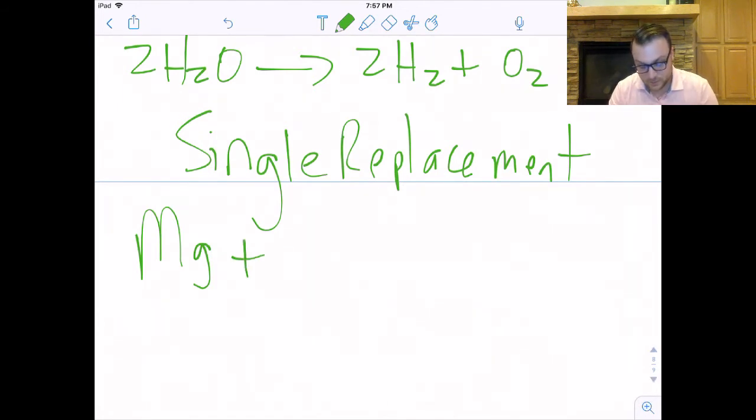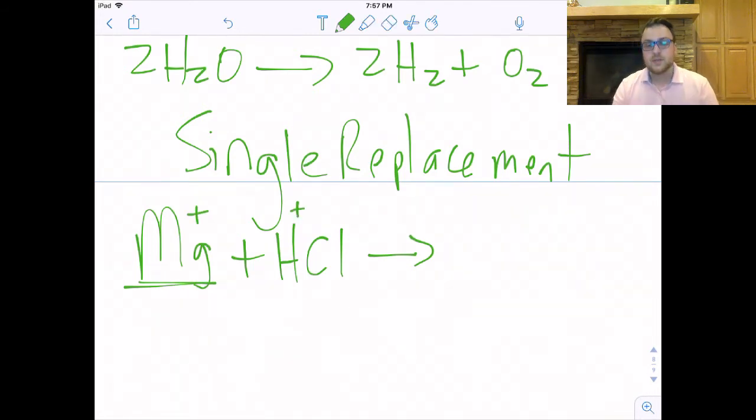So what happens in a single replacement is you have a single switch. You take the atom that's alone and you switch it so that Mg is positive and H is positive in these compounds. You just take the two positive atoms, or if the two in common are negative atoms, and you switch them with each other.